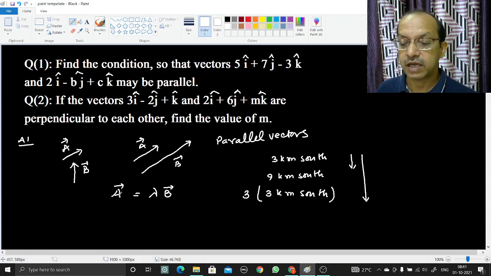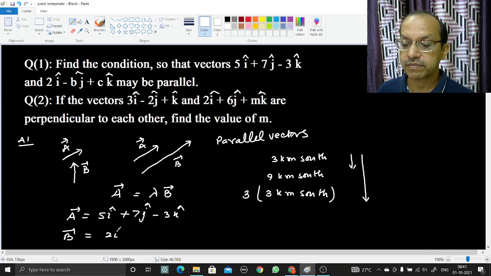So if A equal to lambda B is satisfied, A and B will be parallel vectors. What is A here? A is 5i cap plus 7j cap minus 3k cap. What is B vector? B vector is 2i cap minus bj cap plus ck cap.